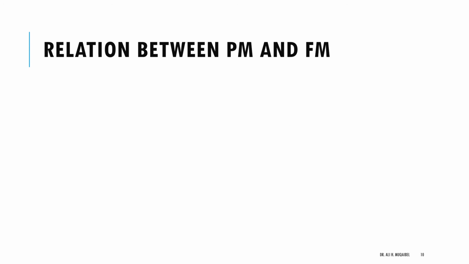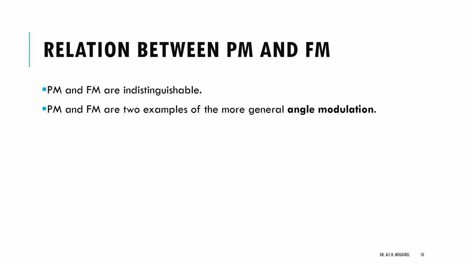Now here are a few notes about PM and FM and their relation. First, FM and PM are indistinguishable, which means if you look at the modulated signal, you cannot tell whether it is FM or PM. If I just go back to this example, we have m of t and its integration A of t. And then you see a modulated signal.